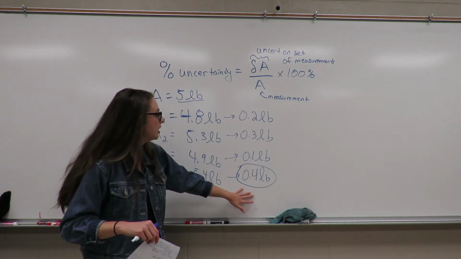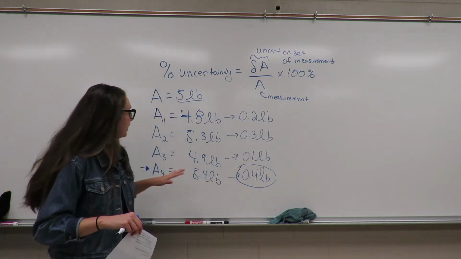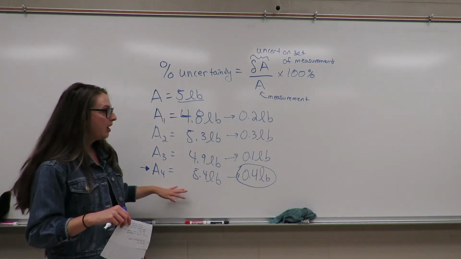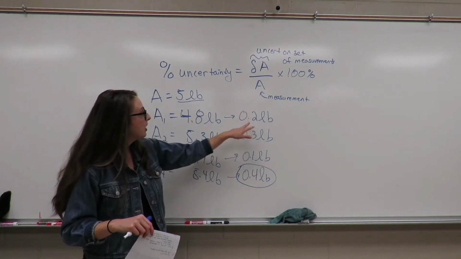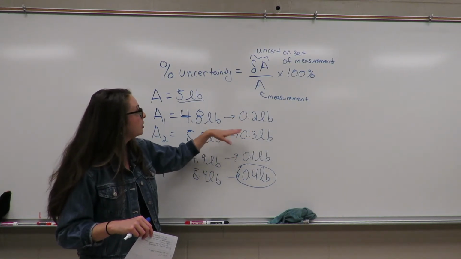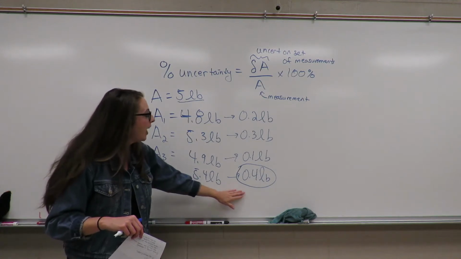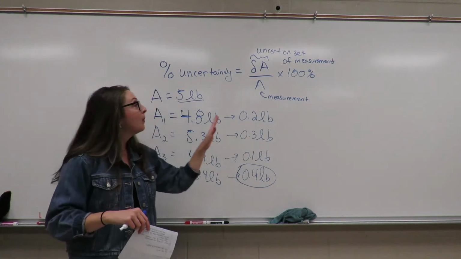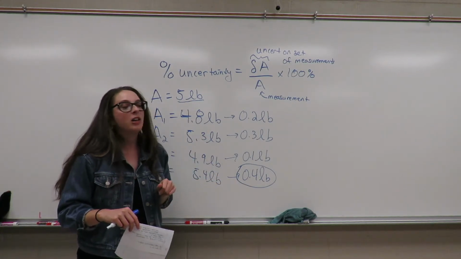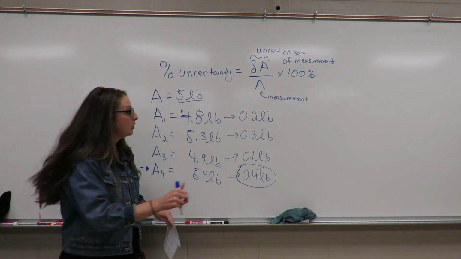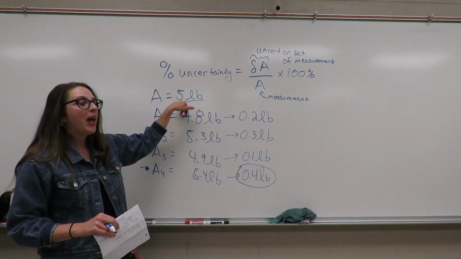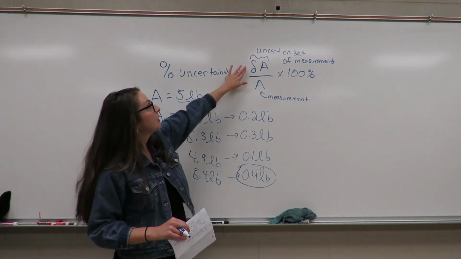This is the largest uncertainty on any one of my 4 bag measurements, okay? Because some of these others are much, much closer to the measurement, but I found that, in fact, I could be off from that 5 pounds by as much as 0.4 pounds. And so I'm going to use this largest excursion from the suggested 5 pounds as my uncertainty here on my set of measurements.